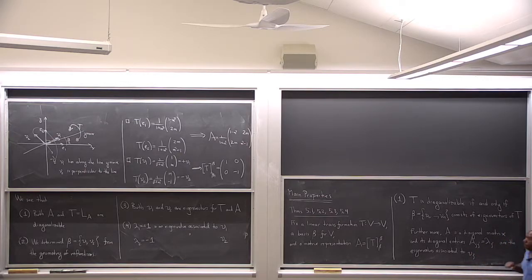So perhaps you want to think back to the previous example where here we have a diagonal matrix, so 1, 0, 0, minus 1, and each of the elements on the diagonal corresponds to an eigenvalue. Right, so this is part of a much more general idea.